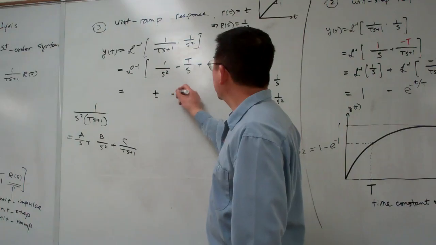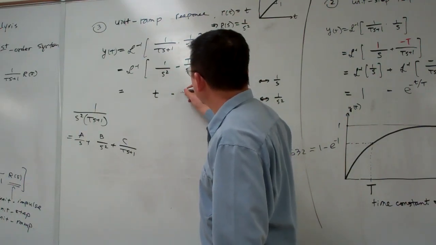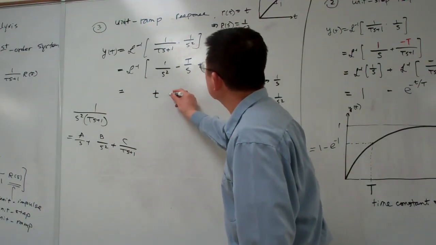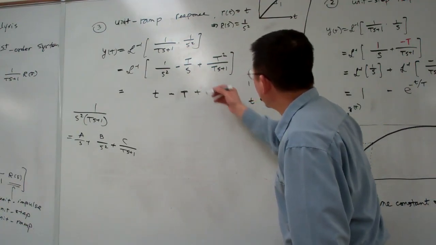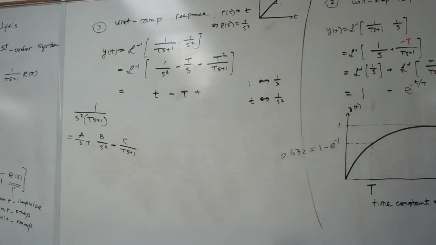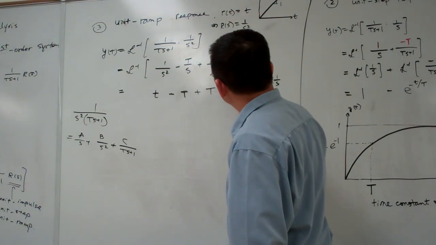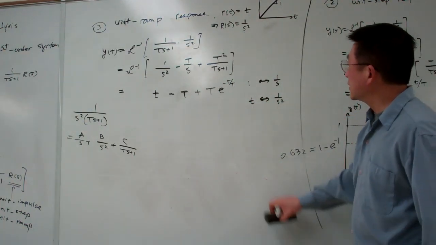The second term is 1 times the coefficient T, so this is T here. The third one follows our previous example, where if this is T squared, then the result is T times e to the power of minus t over T.